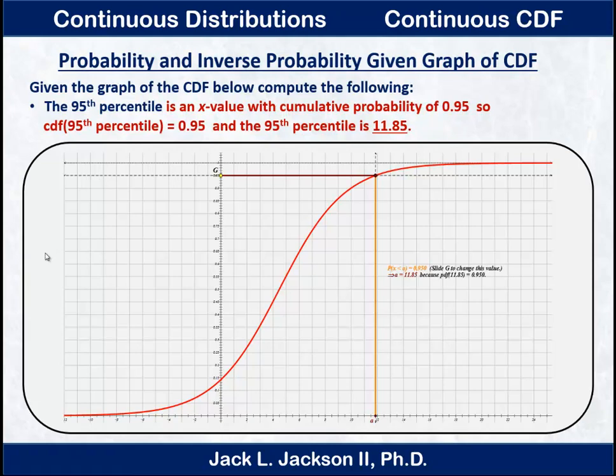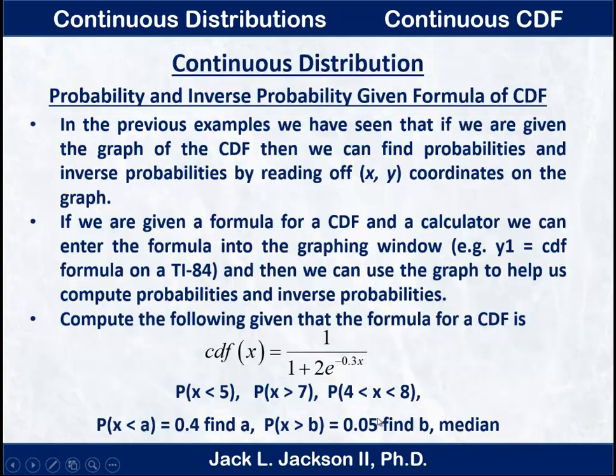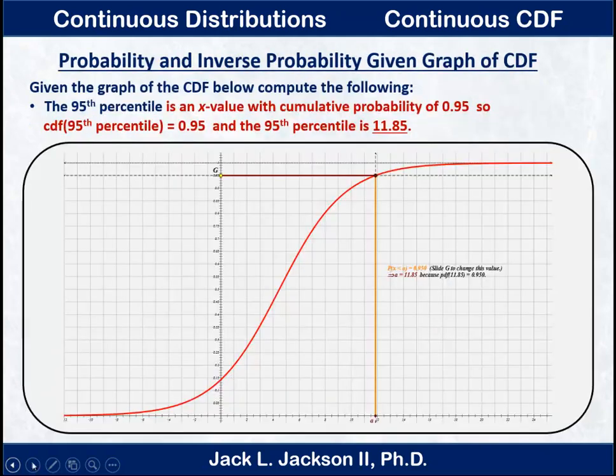So 0.95 is the probability to the left. So that means you just go up a vertical length of 0.95. In other words, we find 0.95 as the y value. Pull that straight across horizontally, find that x value that goes with it, and that x value right there is the 95th percentile, which in this case looks like about 11.85.